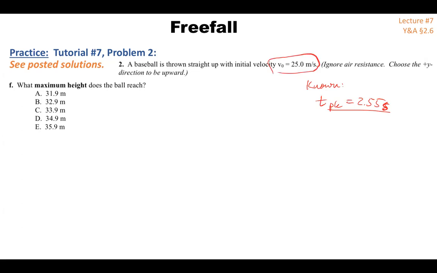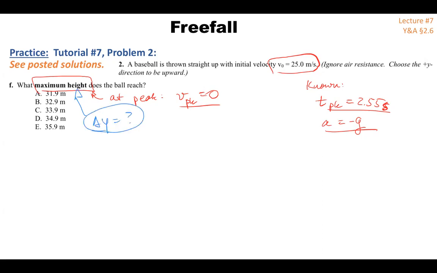We also know the acceleration is negative g. And at the peak, the velocity is equal to 0. So those are all of our knowns. The unknown we're trying to solve for is the position or displacement.